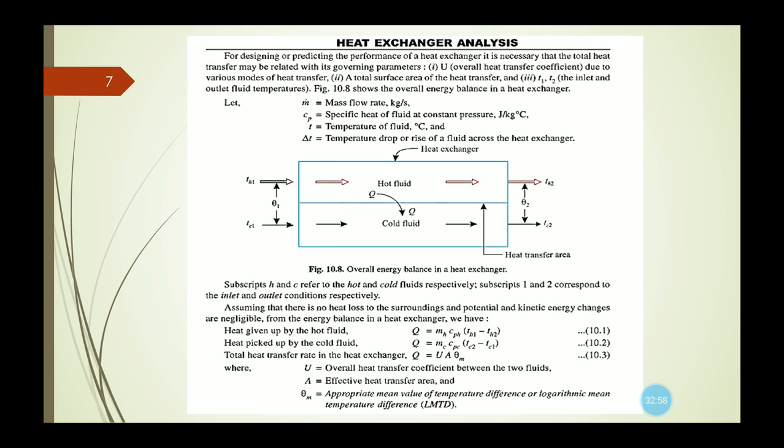So these three equations, that is equations 10.1, 10.2 and 10.3, are very useful while solving numericals based on heat exchanger analysis: the heat given up by the hot fluid, the heat gained or picked up by the cold fluid, and the total heat transfer rate in the heat exchanger, U A theta m, where theta m is the LMTD.